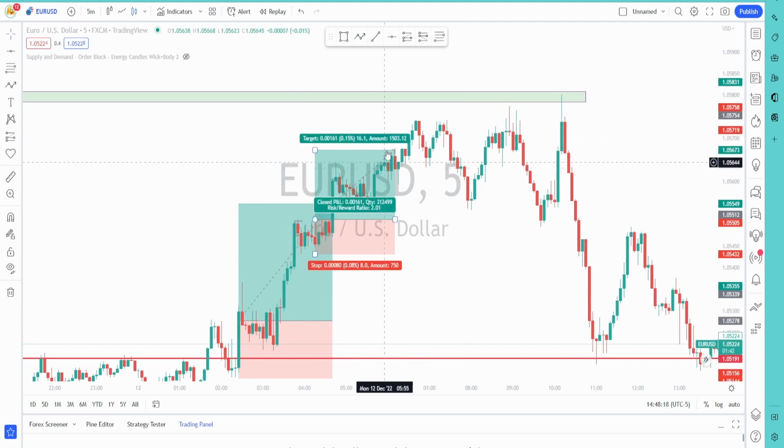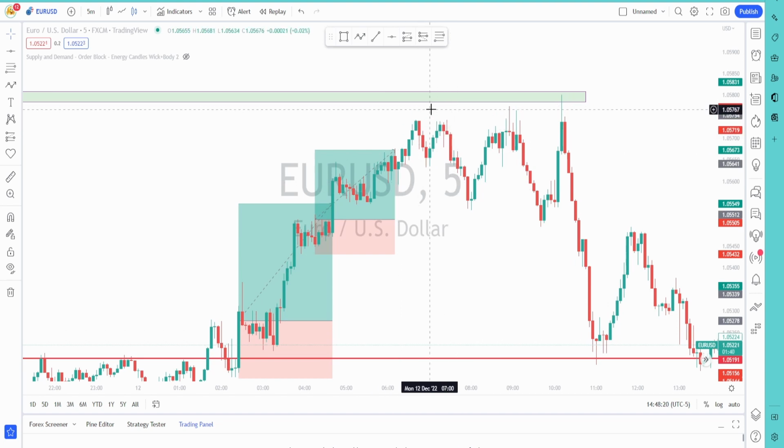So when price finally starts changing direction, and you can see here I've got an area marked off on the top, and there's a reason for that. So you followed the trend, and another powerful method to getting in on a trade early is identifying areas where price may change direction.